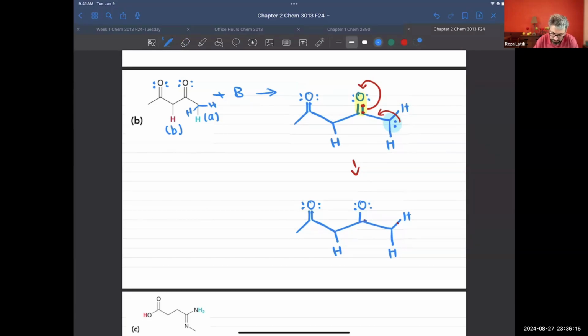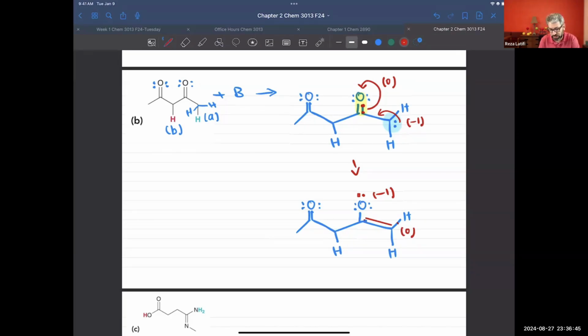This is going to be my double bond, and I'm going to show a lone pair on oxygen. Now oxygen is -1, while carbon is 0. Here carbon used to be -1, while that oxygen is 0. So there is one possible resonance structure. Technically we have 2 resonance structures if we take the blue hydrogen.